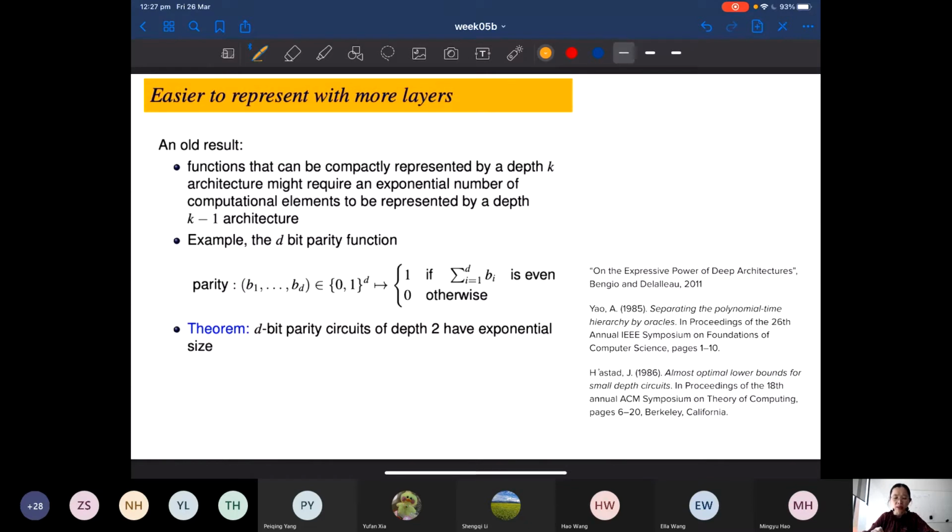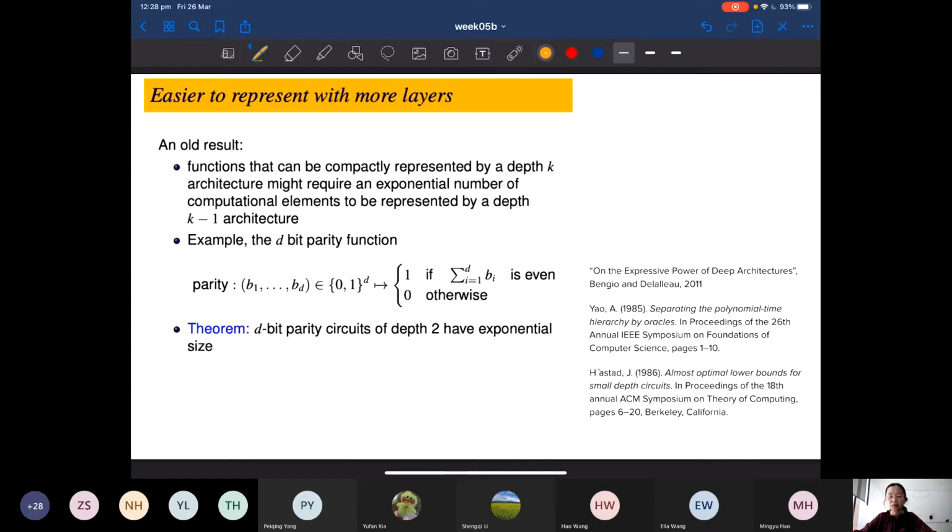The basic argument is that functions that can be compactly represented by a depth k architecture might require an exponential number of computational elements to be represented by a shallower, k-1 layer architecture. So basically, shallow networks will need exponentially many neurons to represent the same function as the deep architecture.